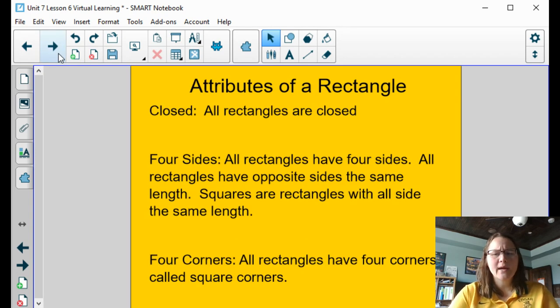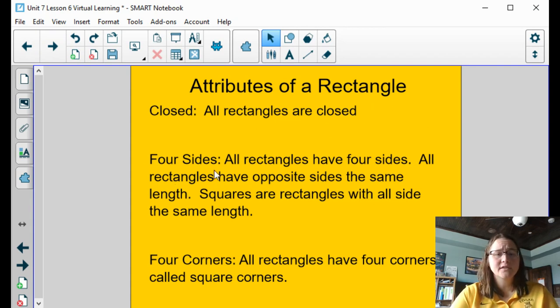Well, let's look at a rectangle then. For a rectangle to be a rectangle, it has to be closed. So it has to be a closed shape. That means all the way around, boys and girls, we have no openings. For a rectangle to be a rectangle, it has to have four sides.